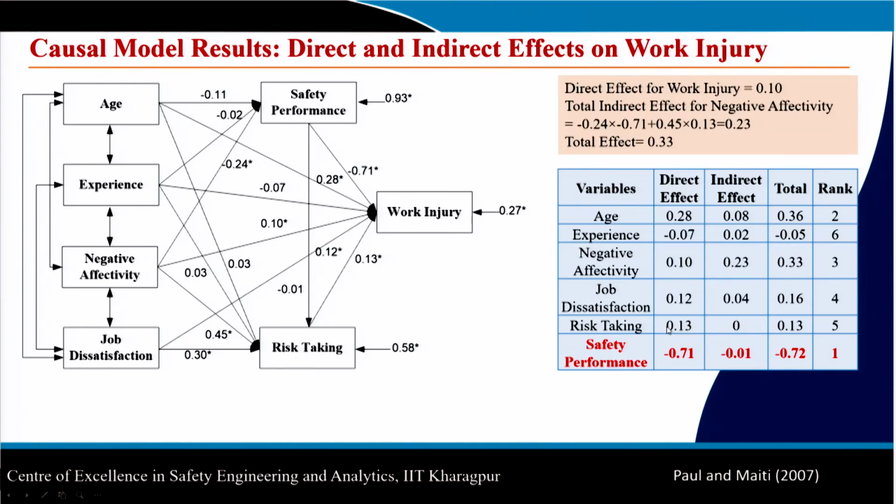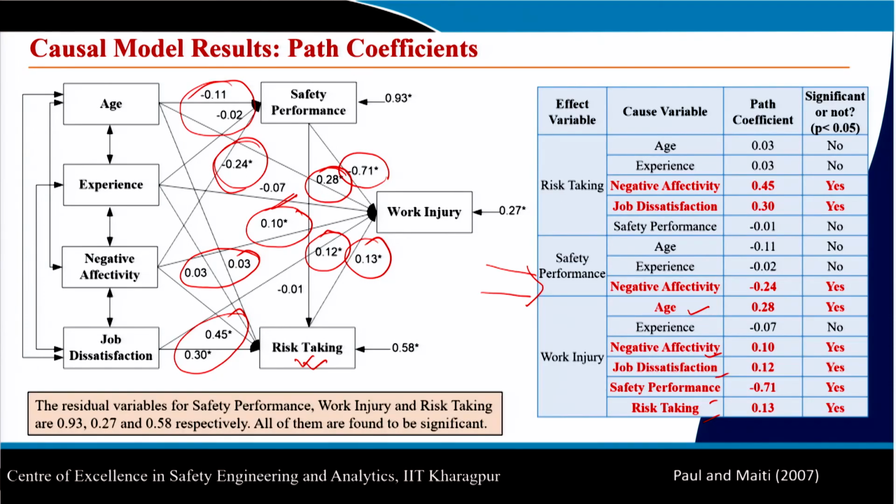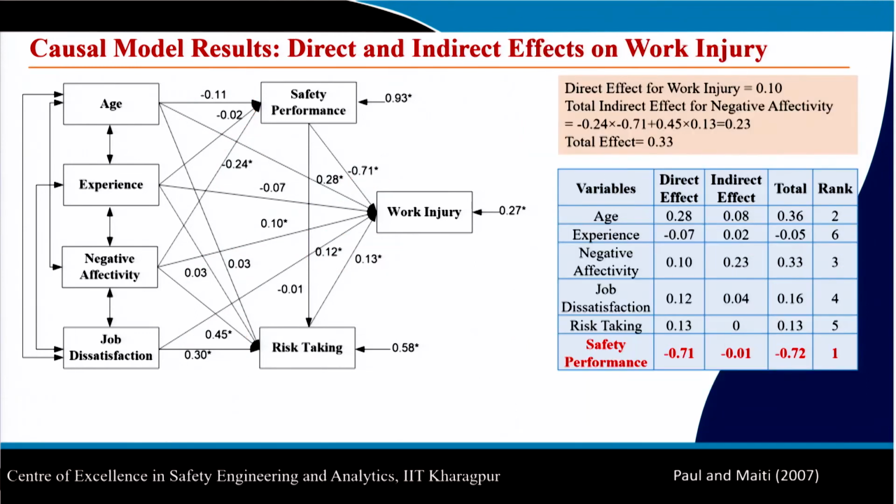Okay, so here I talked about the effect, but in addition, we tried to give some kind of ranking, that is, which variable is affecting the maximum, whose rank is 1.